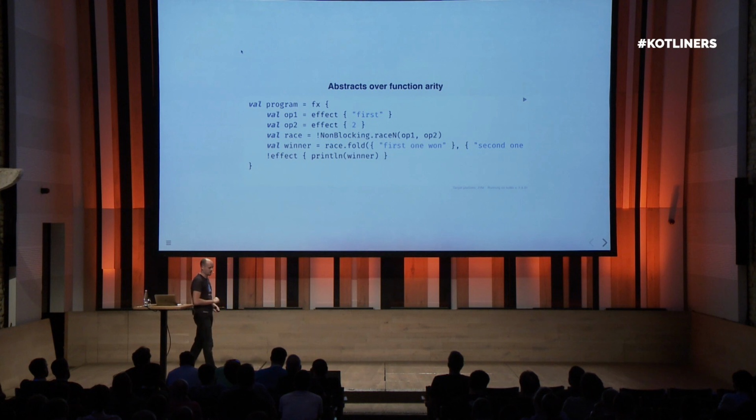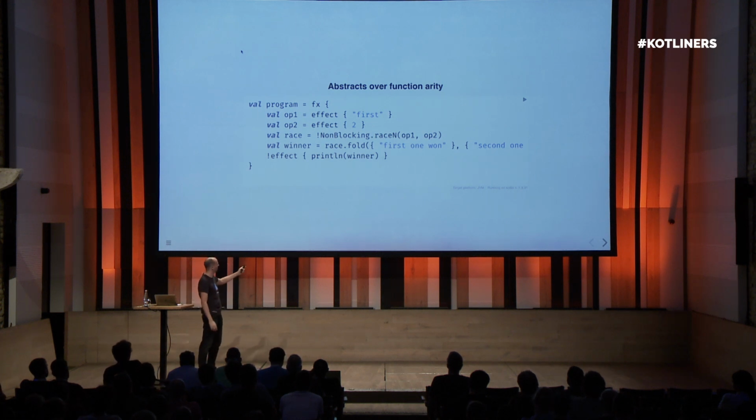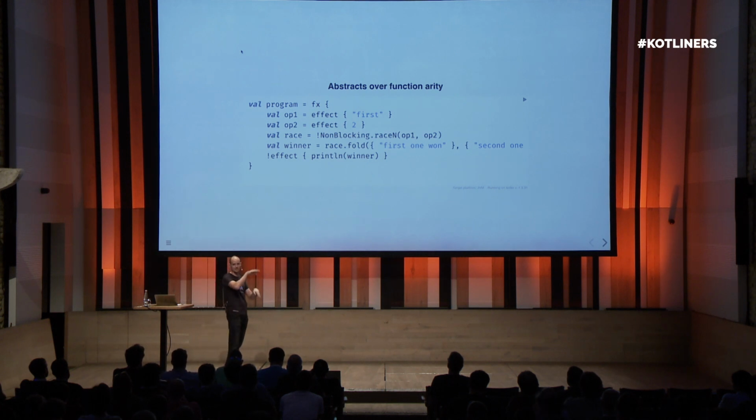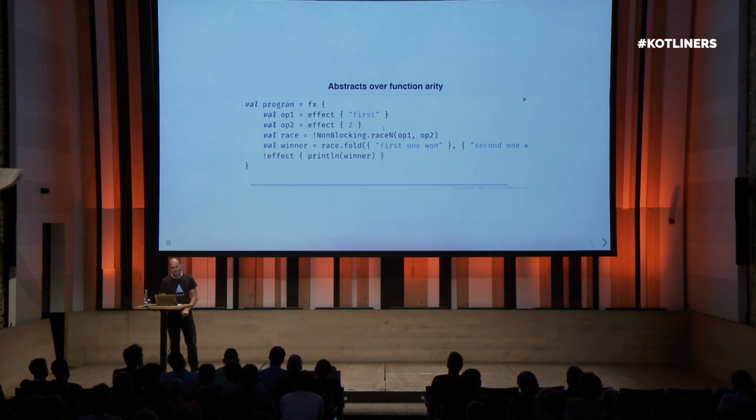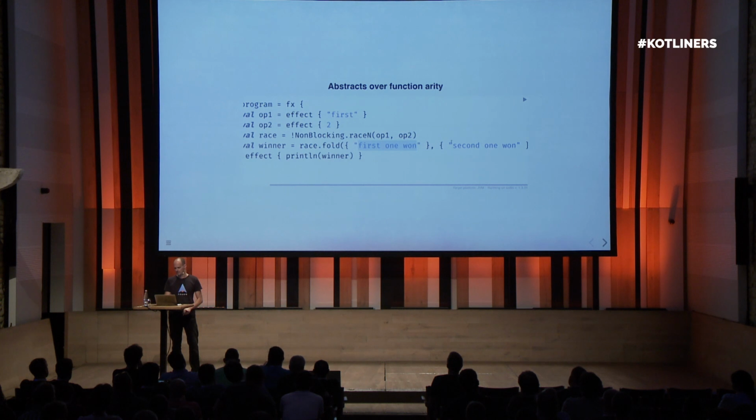It abstracts over functionality. Functionality is just like the number of arguments a function has. This is basically saying you can pass n different computations, for example, for the race, or for the parmap that we saw for parallelizing operations. I don't care. You can still apply fold, and you can provide lambdas for each one of them to be called. So if it's the one that completes first, it will actually run the first lambda.